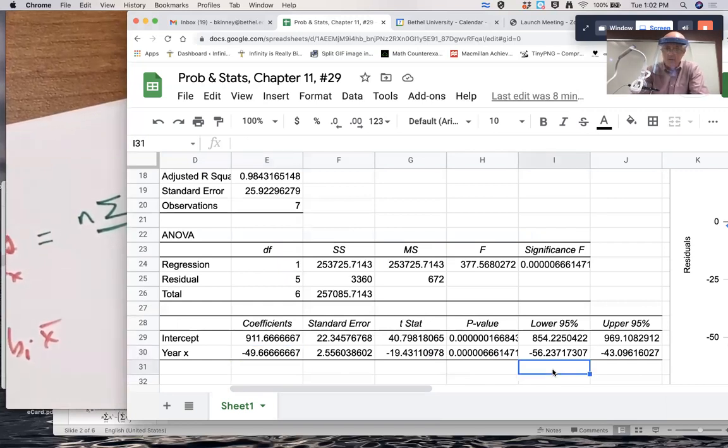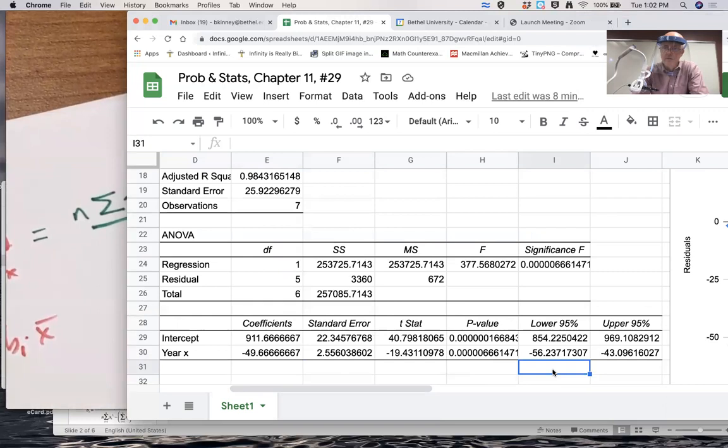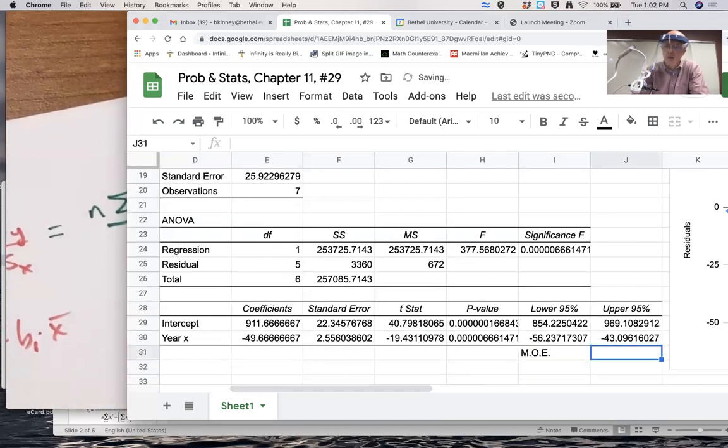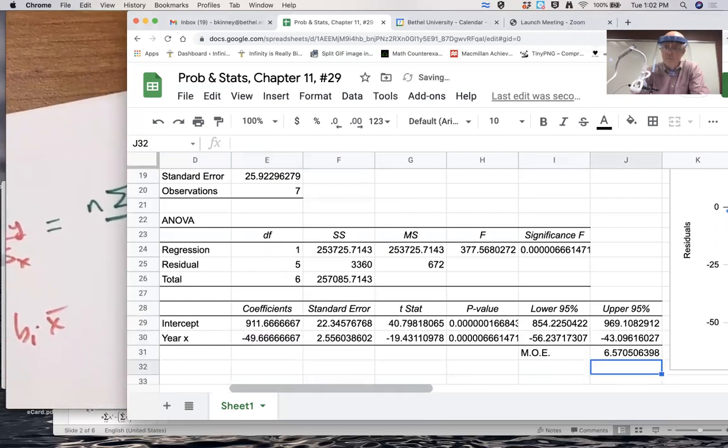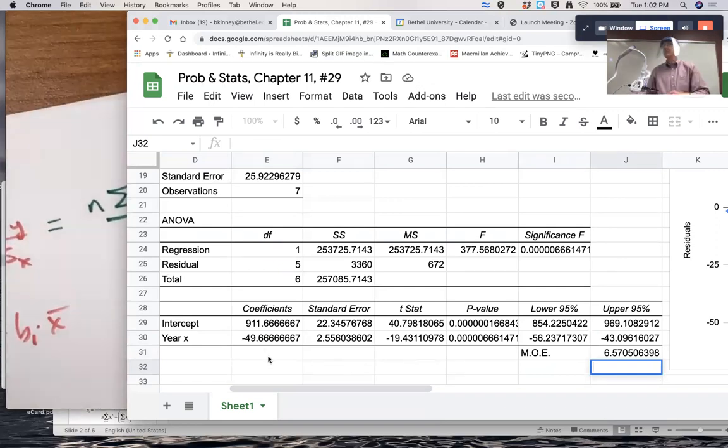The margin of error, say MOE for margin of error, can be computed by doing, for example, this number minus this number. I took negative 43.1 and subtracted negative 49.7. It's about 6.6. Negative 49.7 plus or minus 6.6 gives you a left endpoint of negative 56.2.